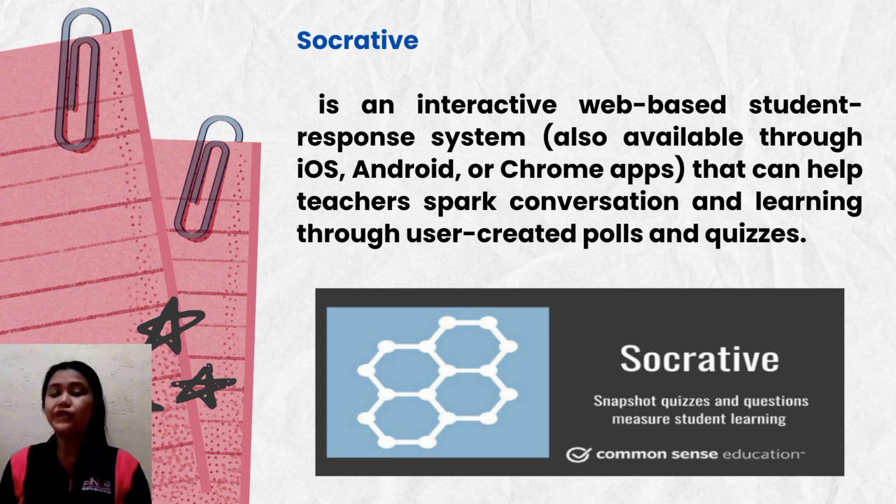So Socrative is an interactive web-based student response system, also available through iOS, Android, or Chrome apps, that can help teachers spark conversation and learning through user-created tools and quizzes. It can be used to assess how well students understand the subject.